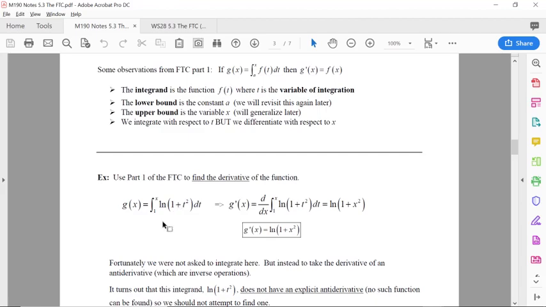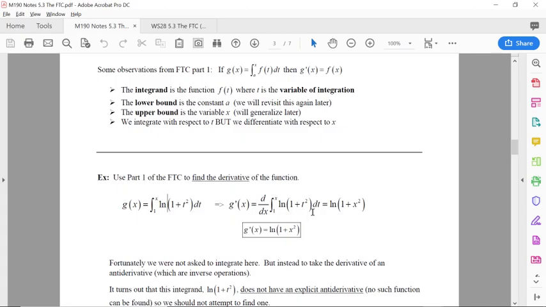It's important to note that we're taking the derivative of a differentiable function of x, so with respect to x. It's important to note that x is in the upper bound specifically, and x is not inside of the integrand. The variable of integration is a variable other than x.